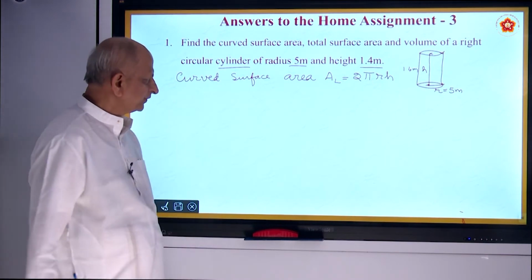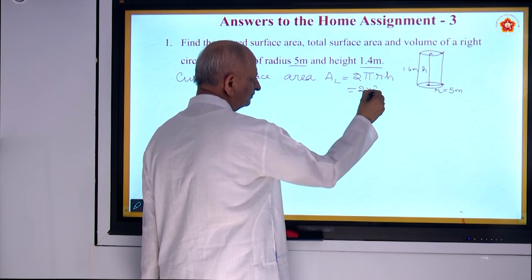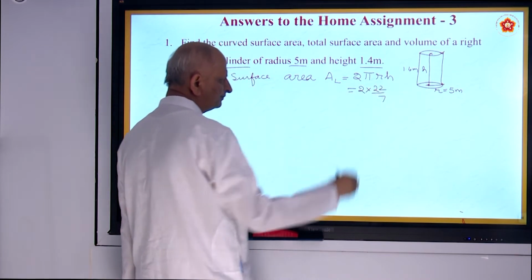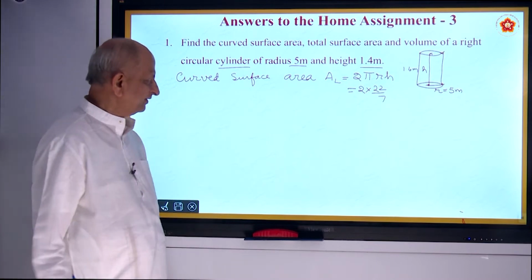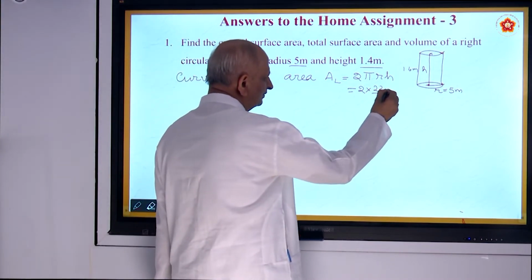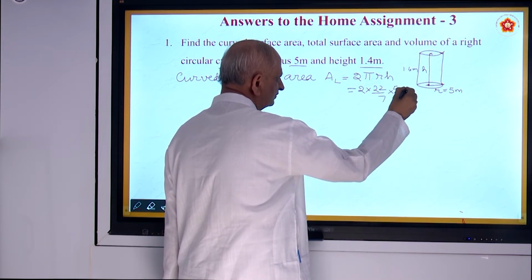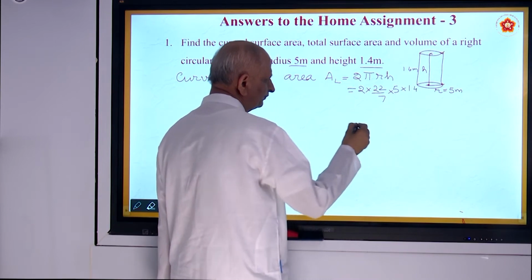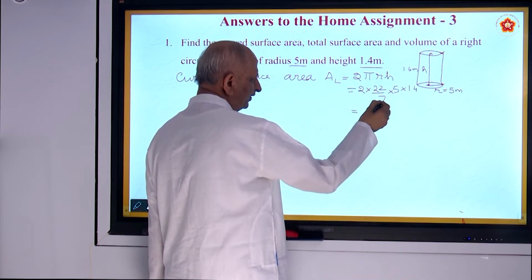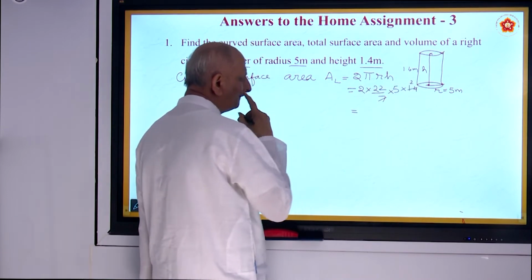That will be equal to 2 into pi. What is the value of pi? Of course, it is an approximate value, 22/7. What is r? r is 5. What is h? 1.4.